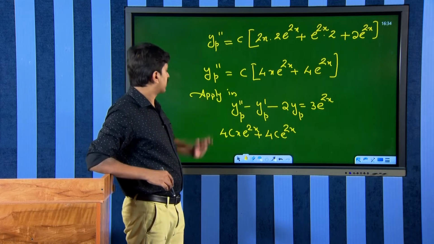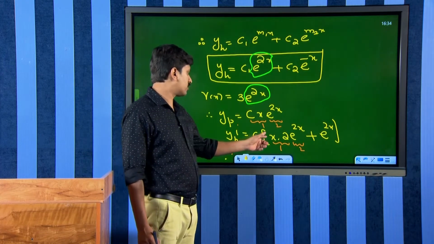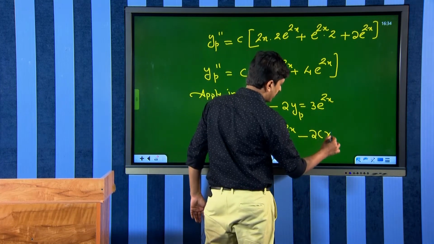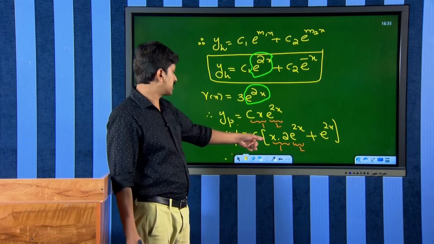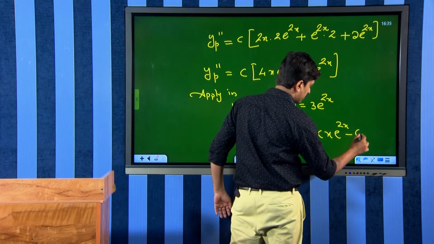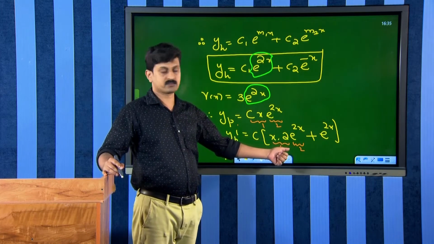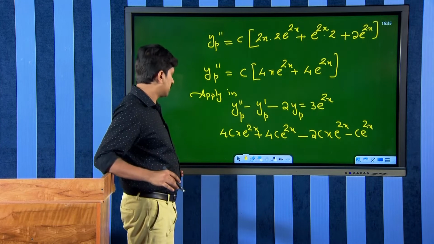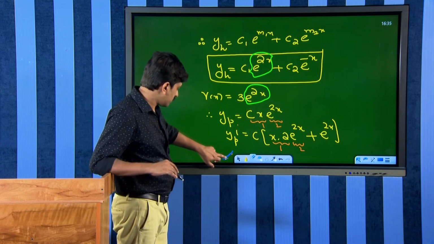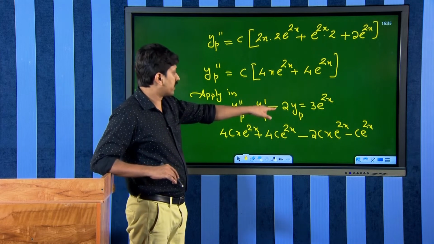Okay, and also we will have minus yp dash, where yp dash is equal to 2 c x e raised to 2x plus c e raised to 2x, so minus 2 c x e raised to 2x and minus c e raised to 2x. And finally we will have minus 2 yp.